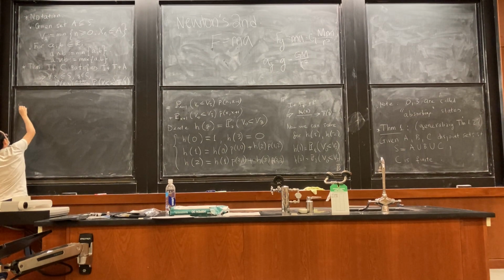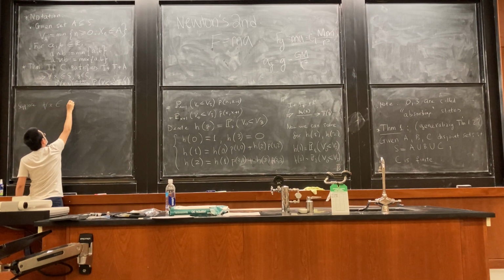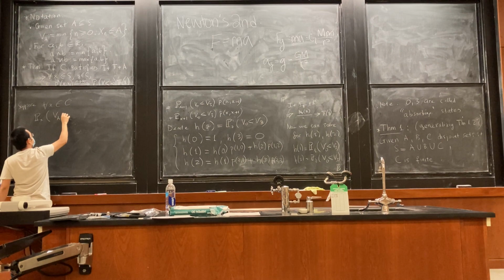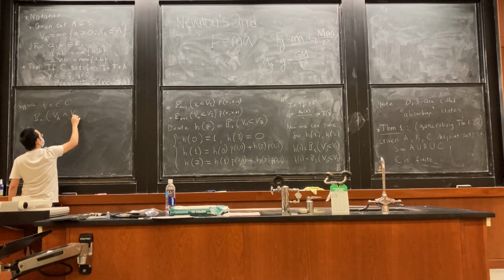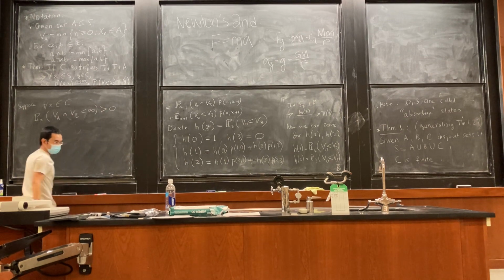Furthermore, suppose that for all states x in the set C, the probability starting from x that V_{A∪B}, the minimum of V_A and V_B, is finite is positive.